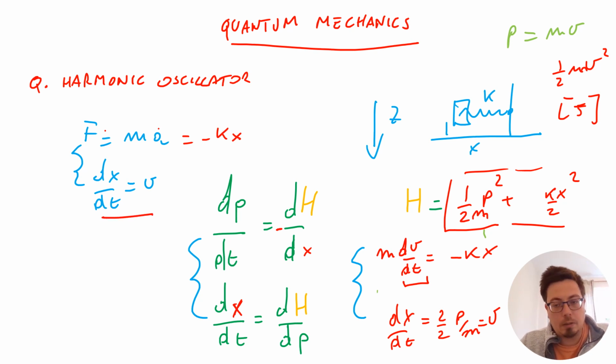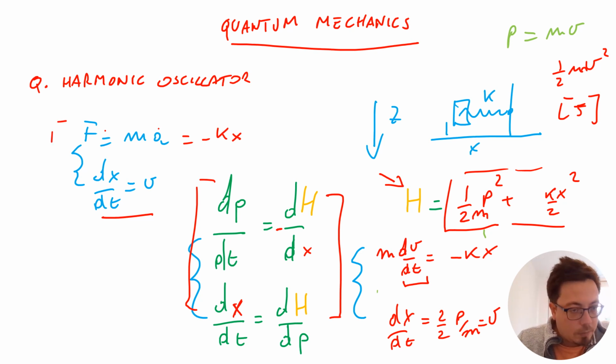So this is just a quick calculation to show that if we use this Hamiltonian, which is the total energy of the system, we can still solve our problem using differential equations, which is this set of equations here. It's slightly different from the previous one, but it's more general and can be applied to other scenarios as well. It's a bit more geometric. It has some nice intuition, because basically it tells you that the energy somehow constrains the motion of your system.